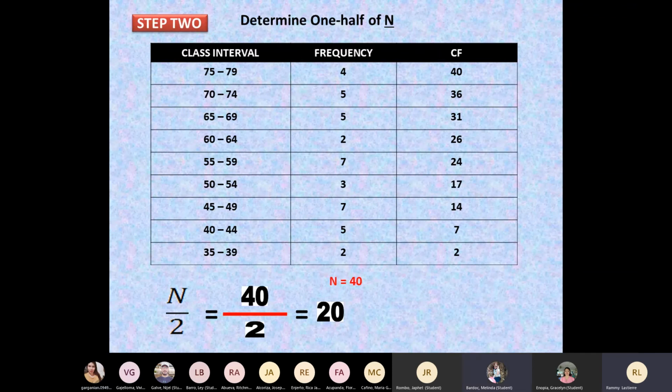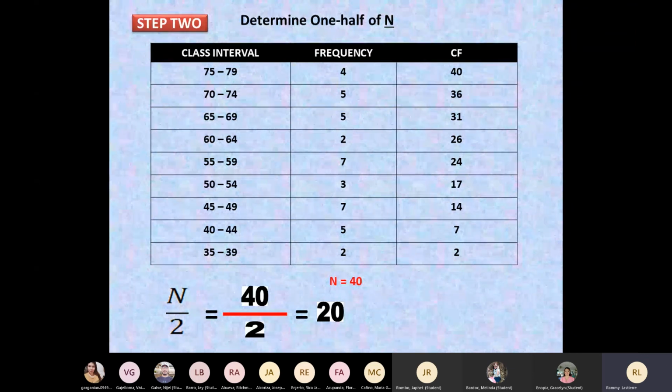The cumulative frequency can be above or equal to N divided by 2, not below it. Below 20 is not the correct answer. It can be 20 and above, but you do not need to move on to the next frequency, which is 26; that is not viable.